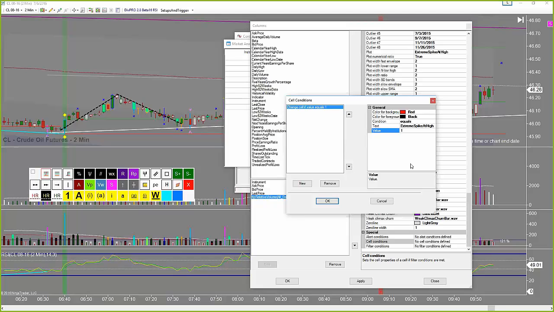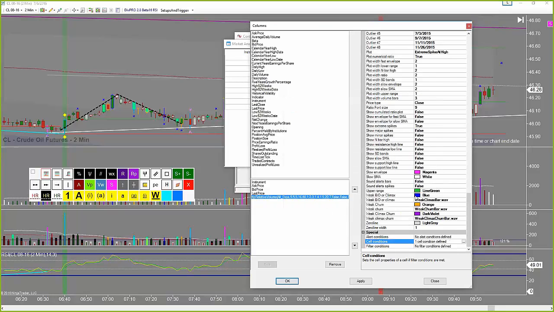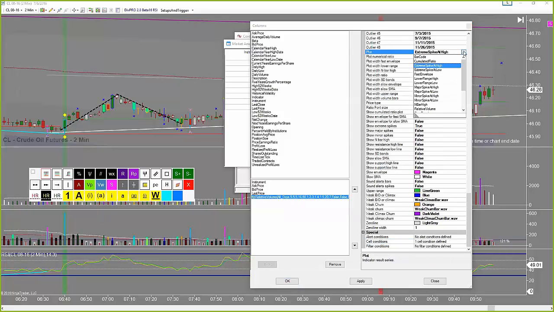You see, Bill? And then you'll just do that twice. And then set the other one to extreme spike at low.